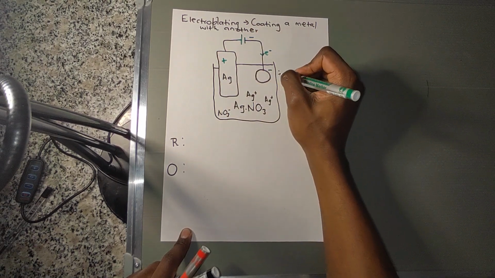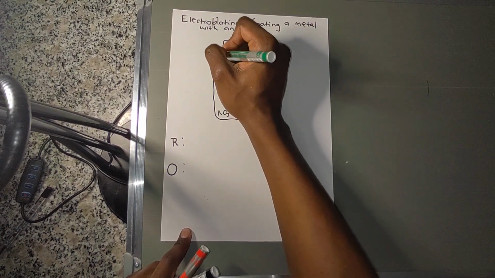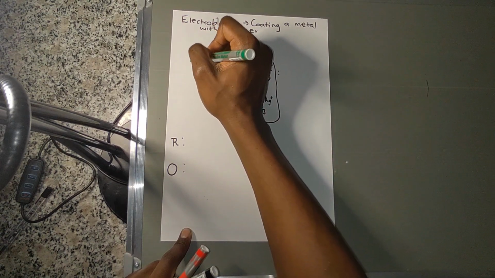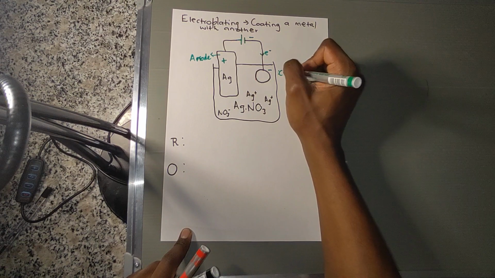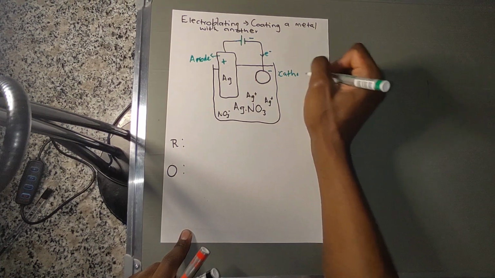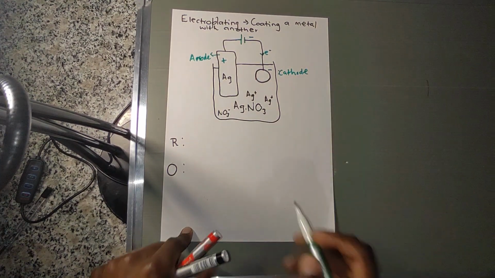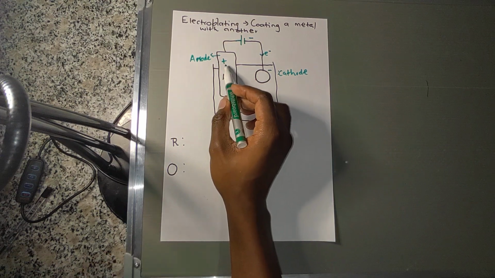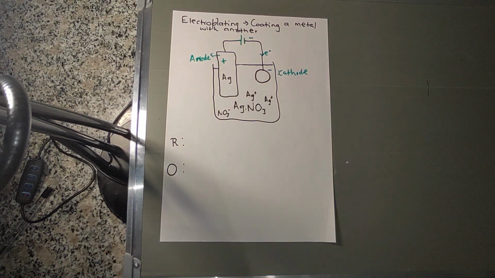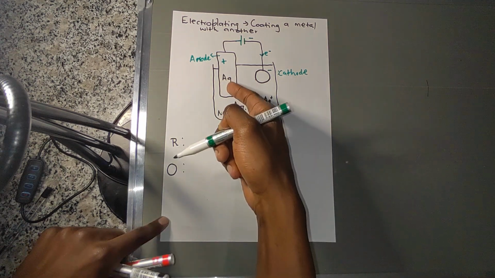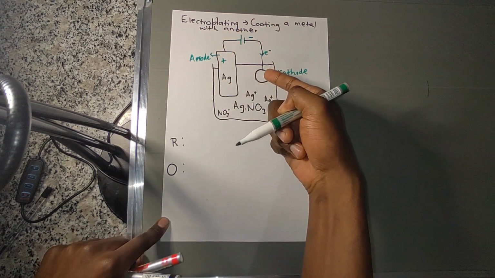So again, this is our anode, and this is the cathode. So what is happening here? The silver is losing electrons. That is our oxidation. The silver is losing electrons to the ring.